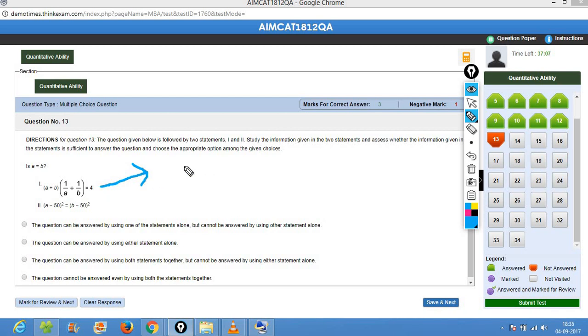So let's solve it. A plus B into A plus B upon AB is equal to 4. So this is A plus B whole square upon AB. I have to prove this. This information is given, right?